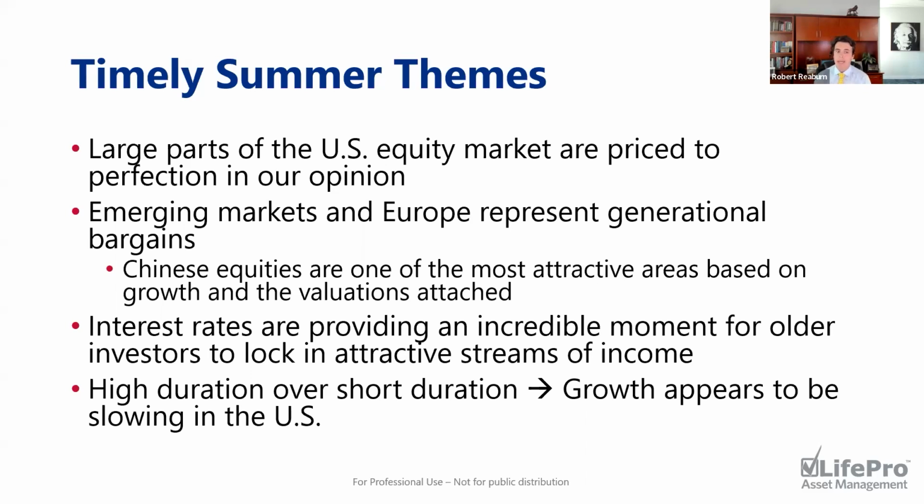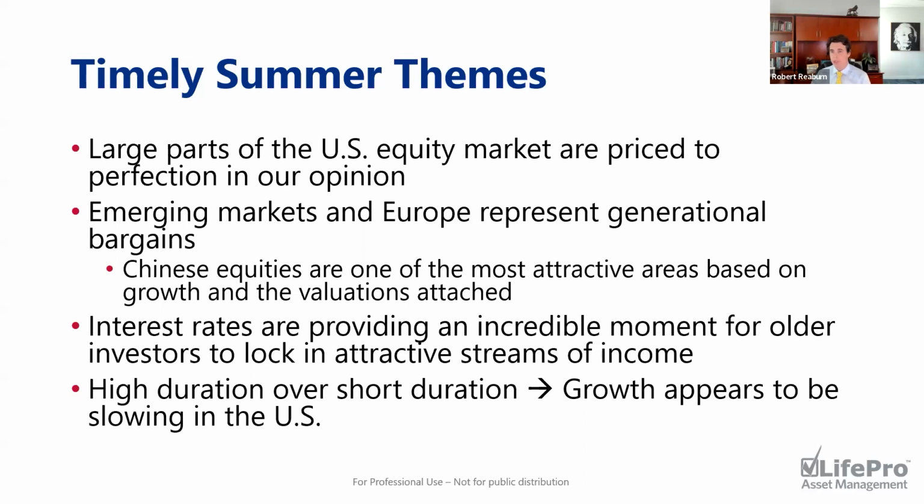So we like the idea of high duration for two reasons. Short-term, if growth is softening in the US, that's actually good for high duration bond performance. But number two, if rates are starting to come down, and that's a big if, but if they are starting to come down, why not lock that in for a long period of time?